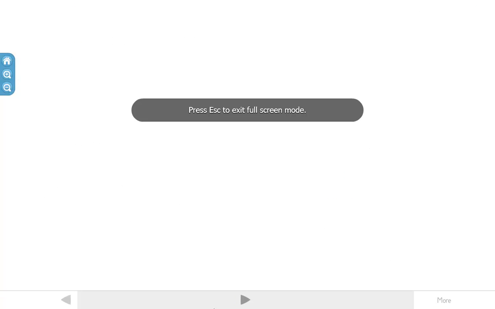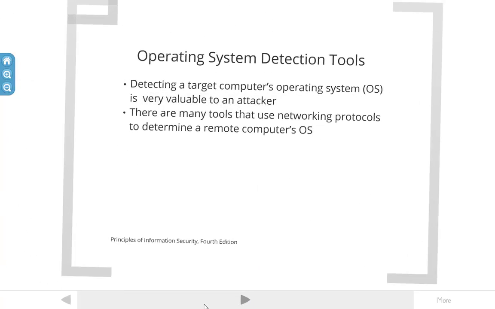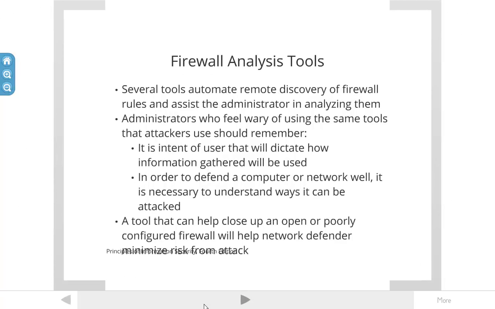So Nmap basically allows you to take an IP address and then find which ports are open, which ports have services operating on them. There are firewall analysis tools which allow us to figure out which ports the firewall will get us through, what some of the rules are, and we can automate that.